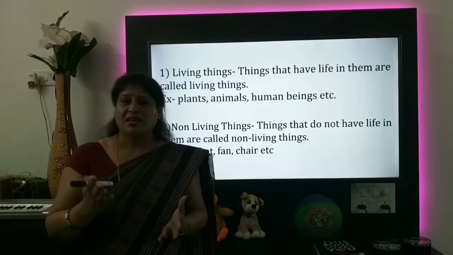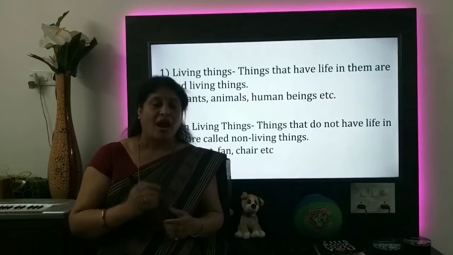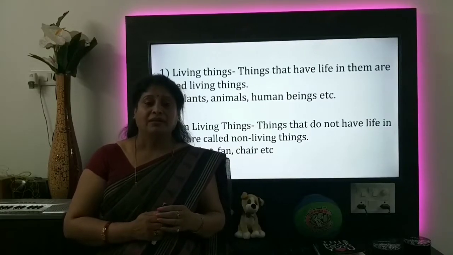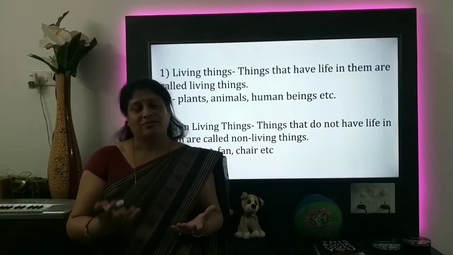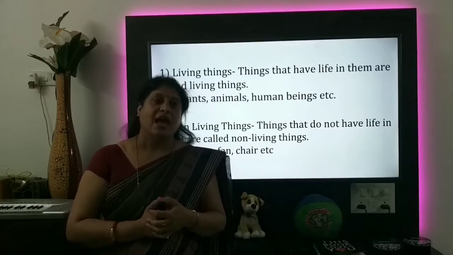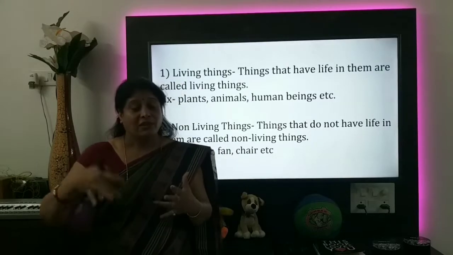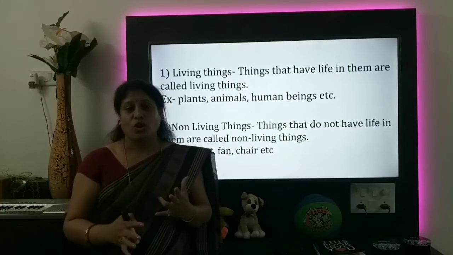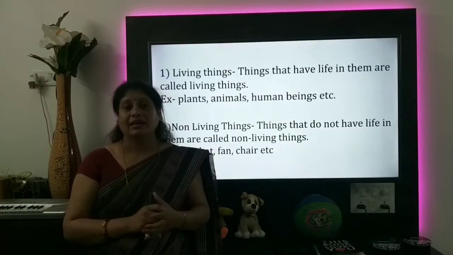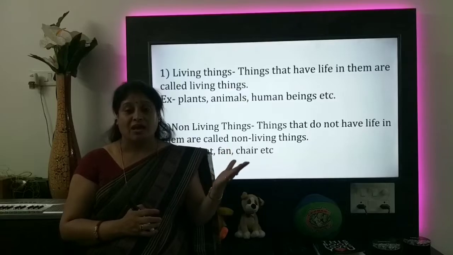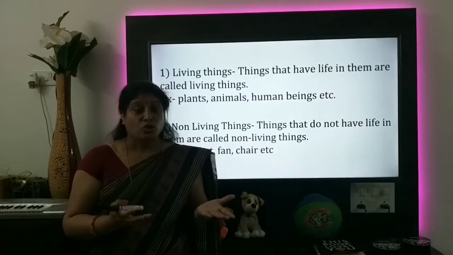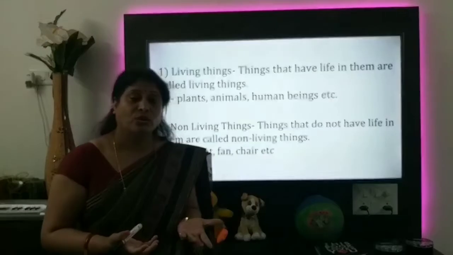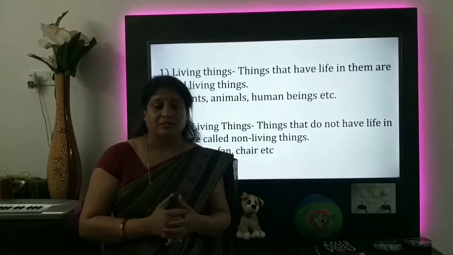So, children, things that are made by man are called man-made things, like bridges, chair, door, etc. are man-made things. And children, things given by nature are called natural things, like mountain, sun, moon, stars, animals, human beings. We are also natural things.